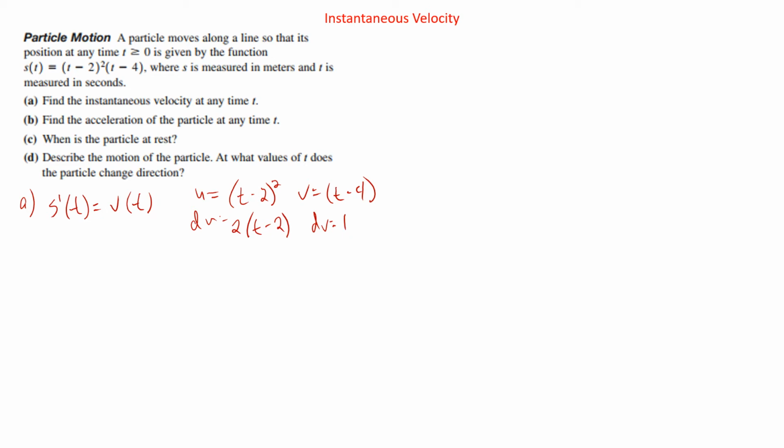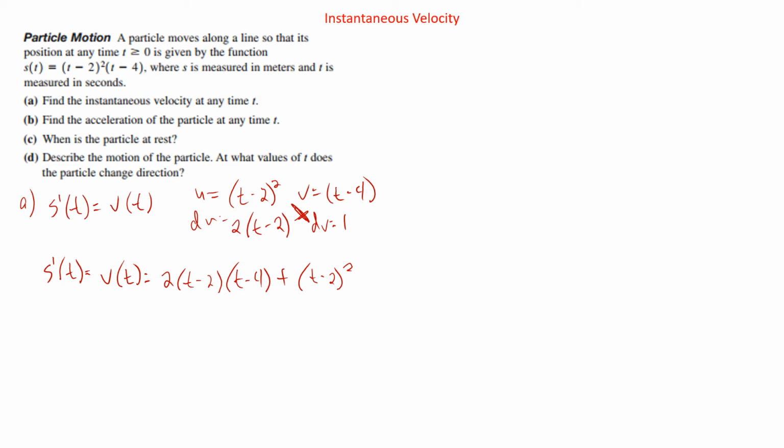So our derivative, s prime of t, which could also be written as v of t, is going to be, I'm going to go du times v, so we have 2 times (t minus 2) times (t minus 4) plus, then multiply these ones, u times dv, which is (t minus 2) squared.